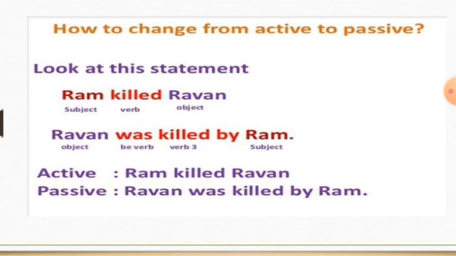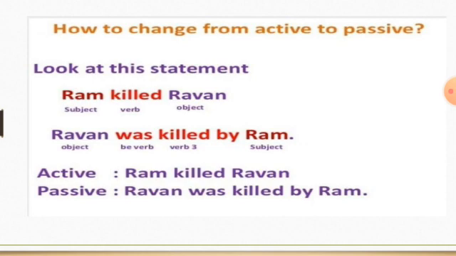So how it changed? Remember, the first thing which you need to remember is while changing voice, the subject and object of the sentence get interchanged. Means the subject of the active voice will be the object of the passive voice, and the object of the active voice will become the subject of the passive voice.